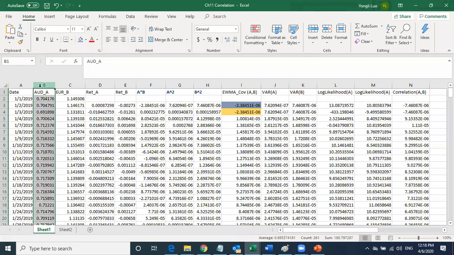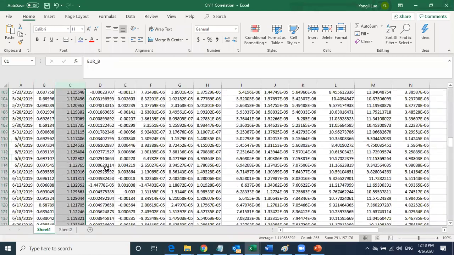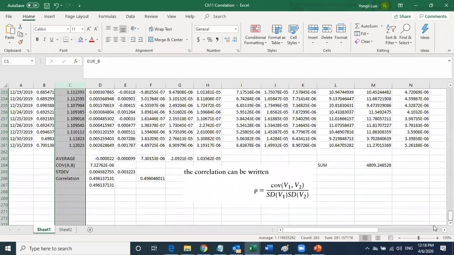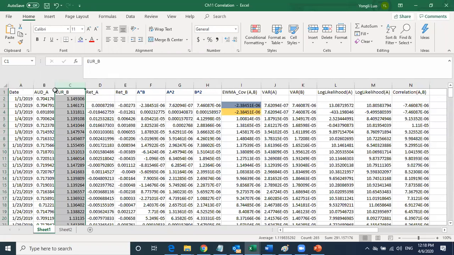I put all the data right here. Column 1 is the Australian dollar, column 2 is the euro, all the way down, around 200 rows. The first thing you do is calculate the return of the Australian dollar.